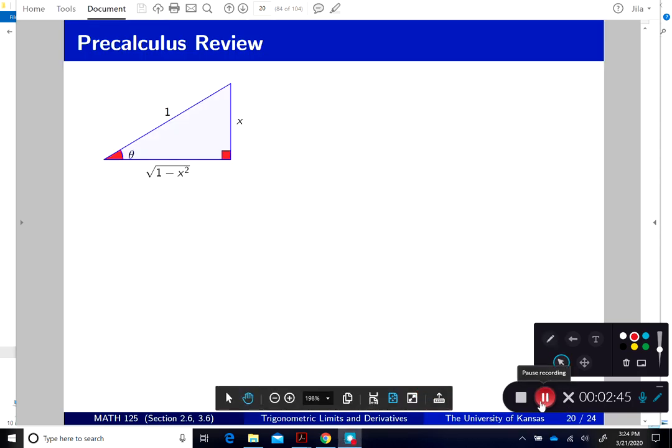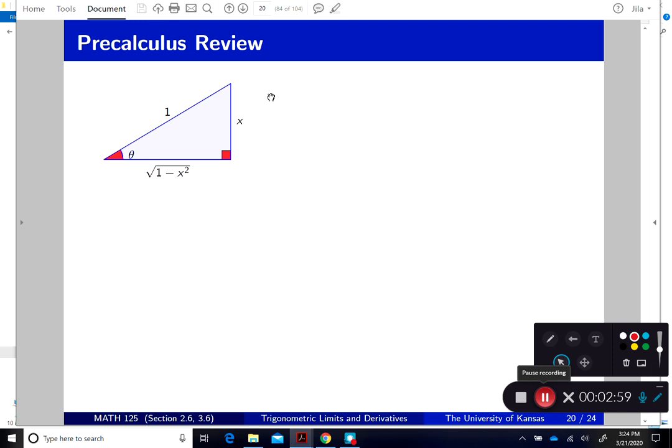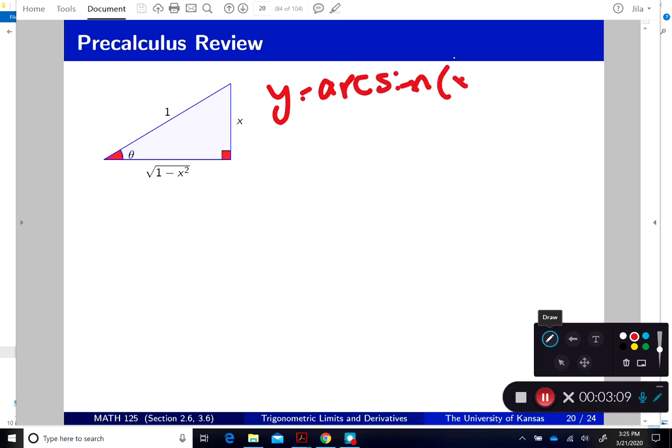A little bit more on the precalculus review of arcsine, arc cosine, and arctan. When you're discussing y equal to arcsine of x, you're looking for an angle theta such that the sine of theta is x.